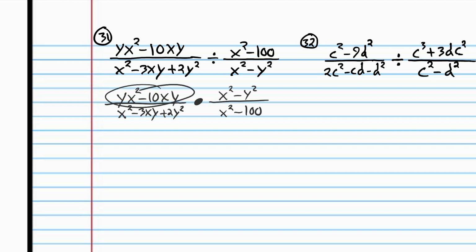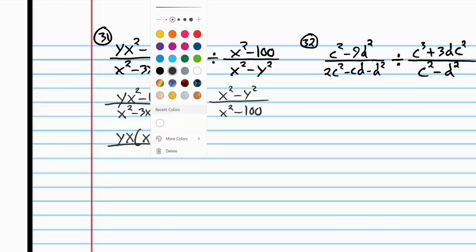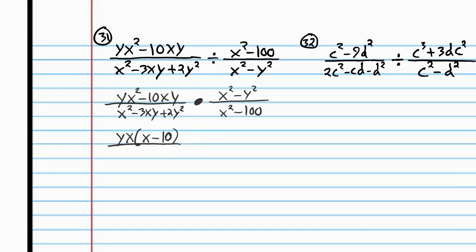Now, in this numerator, we have to factor out the greatest common factor. And we have a quadratic, x and x. What two numbers multiply to 2 and add up to negative 3? That would just be negative 2y and positive y.